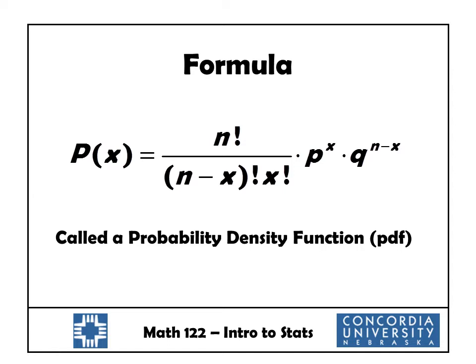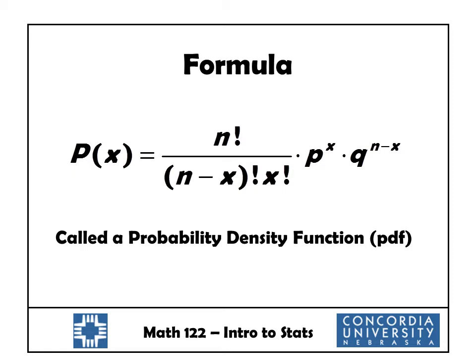So here's our formula for calculating P of x in a binomial distribution. It's n factorial divided by n minus x factorial times x factorial, times p to the x times q to the n minus x. Now this formula is a probability distribution in the form of a formula.